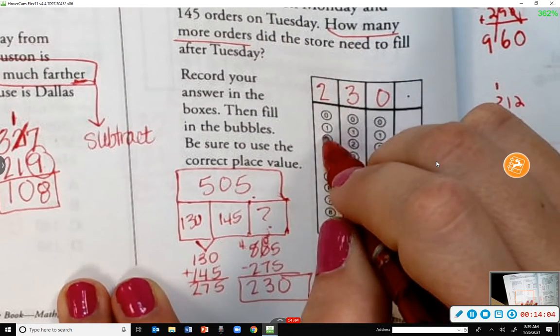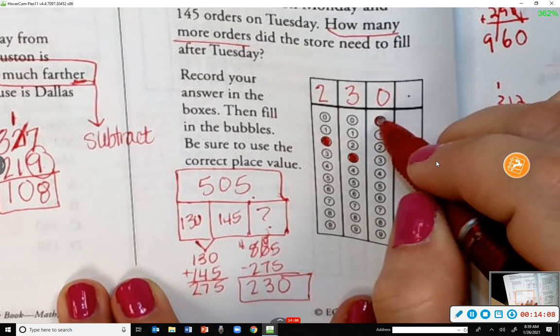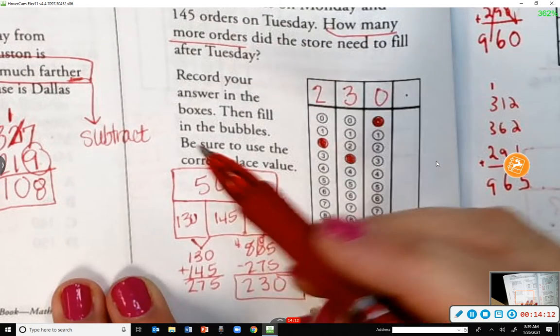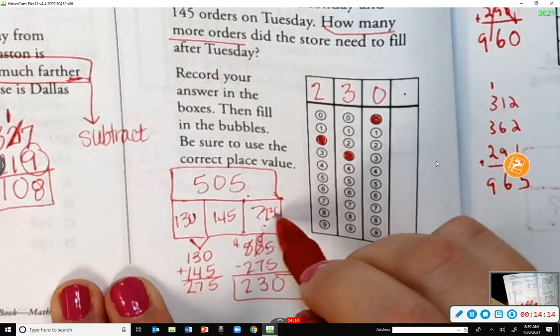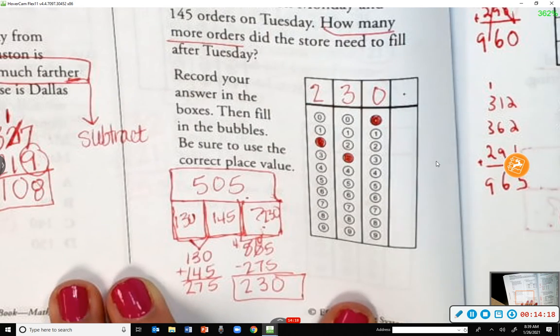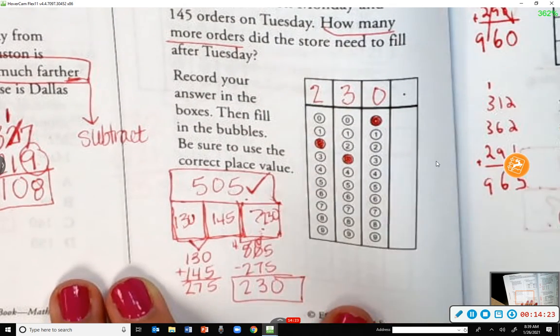You bubble in the 2, 3, and 0. Now if I were to check my work, these 3 parts right here in my boxes should equal what? 555. Very good. It should equal 505.